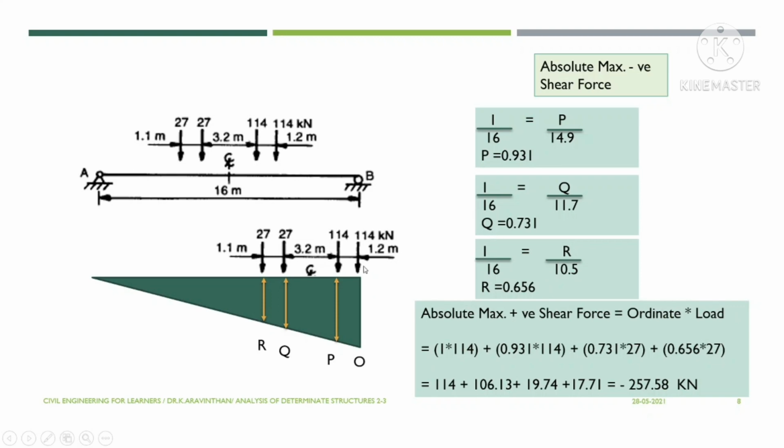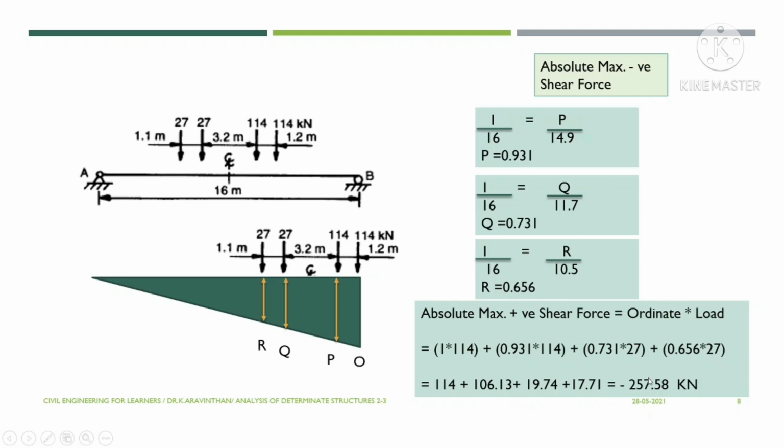Okay, now if I multiply 114 into 1, so this is for the first ordinate. For the point P, I will be having 114 into 0.931 and 27 into 0.731 and the rest. If I add this, I will be getting minus 257.58 kilonewton. So this is the maximum shear.